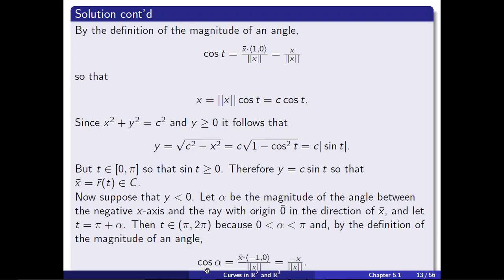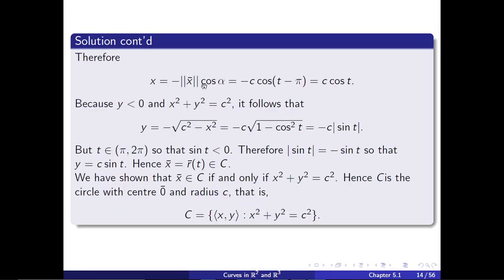So if we find the magnitude of the angle, we then say cos alpha is equal to minus x over the norm of x, right? And then what does that mean? That means that x is going to be equal to c cos t, like that.